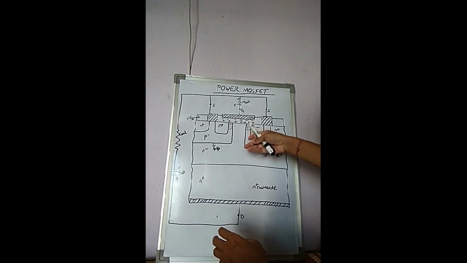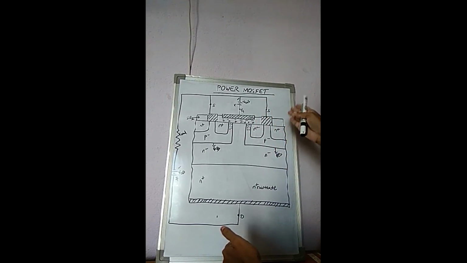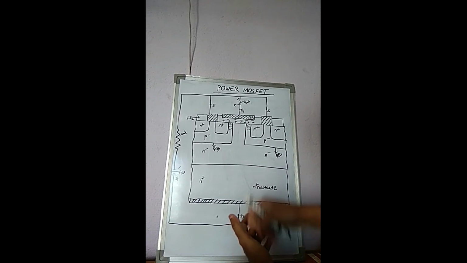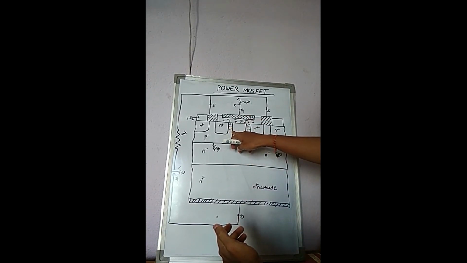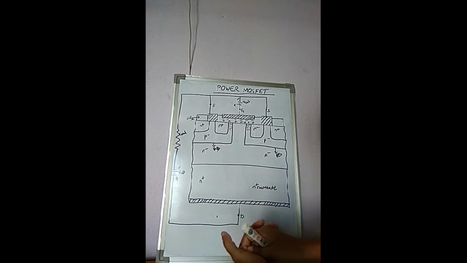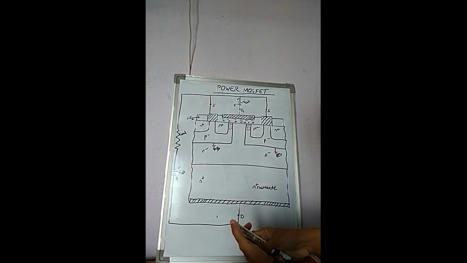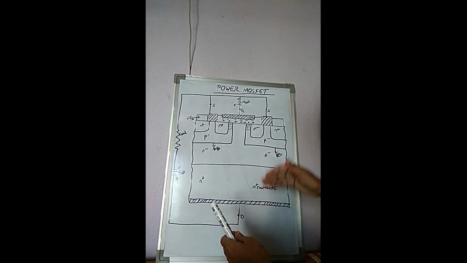So when the gate terminal is made positive with respect to the source, an electric field is established, and electrons form an N channel in the P minus region. Here electrons form, and here also electrons form. So through this N channel, current can now flow from drain to source.